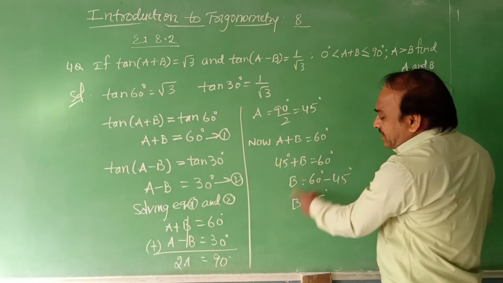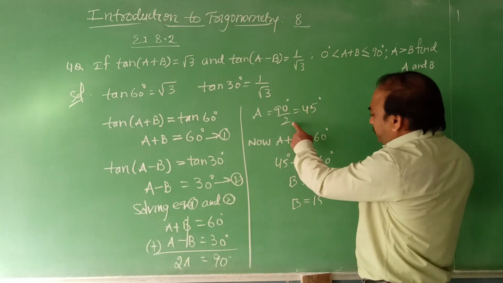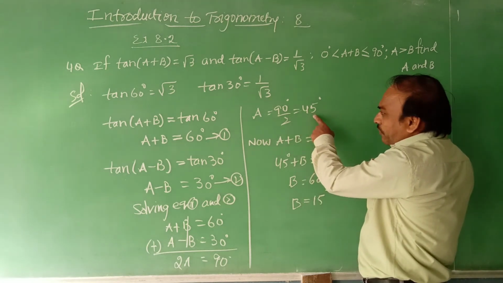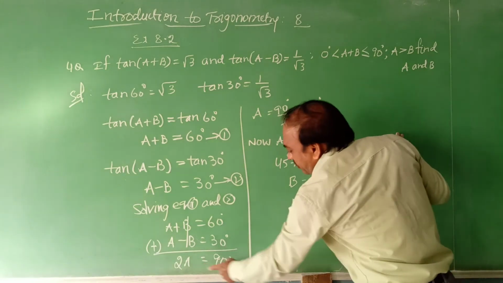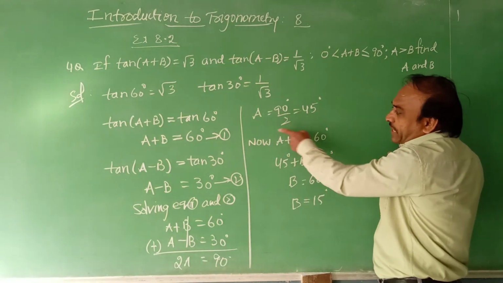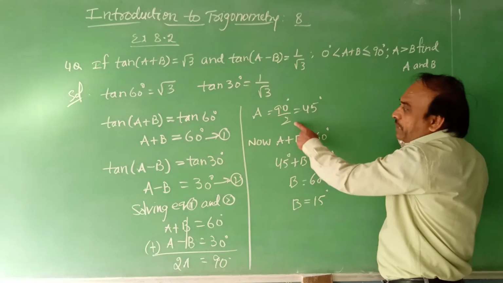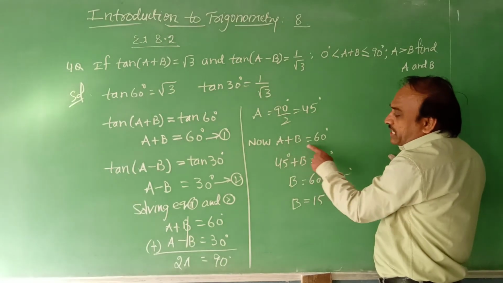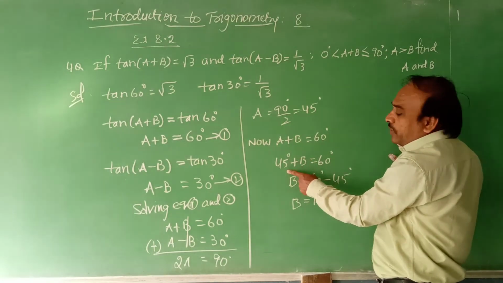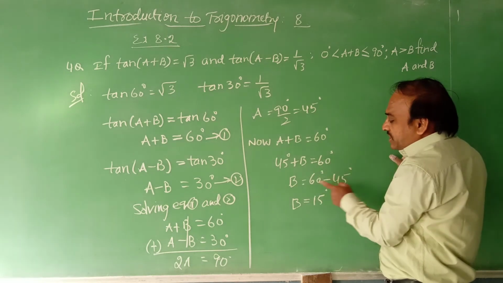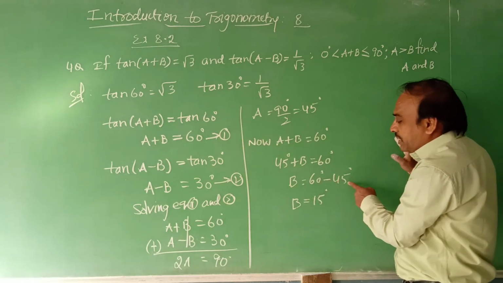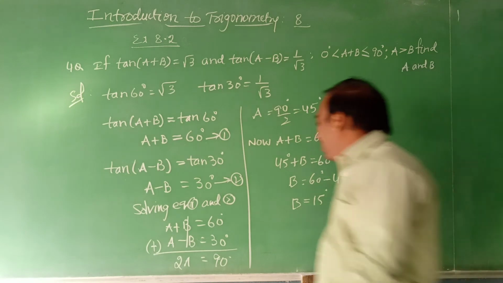Observe it: adding gives 2a equal to 90, so a is equal to 90 by 2, which is 45. a plus b is equal to 60, a is 45, so 45 plus b is equal to 60, then b is equal to 60 minus 45, which is 15 degrees.